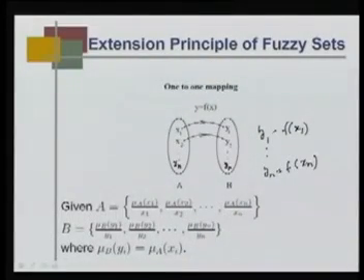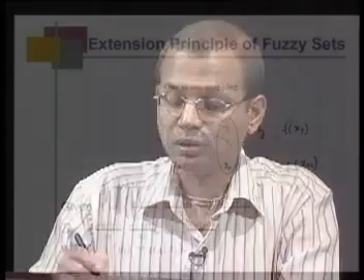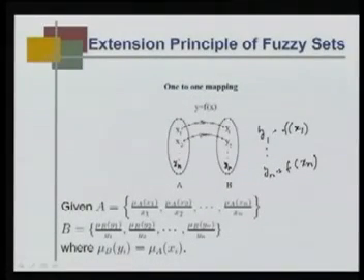Similarly B also has its associated membership function: mu B(y1) upon y1, mu B(y2) upon y2, up to mu B(yn) upon yn. Now, the question is, do we have to again find what B is, given A? No, because we know already y has a relationship with x in terms of y equal to f(x). So, if we know what the fuzzy set A is, B is already known.